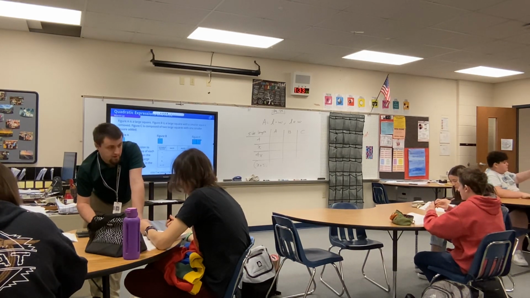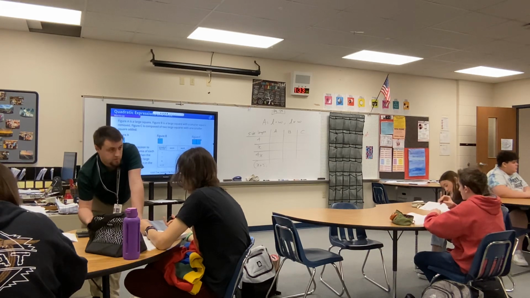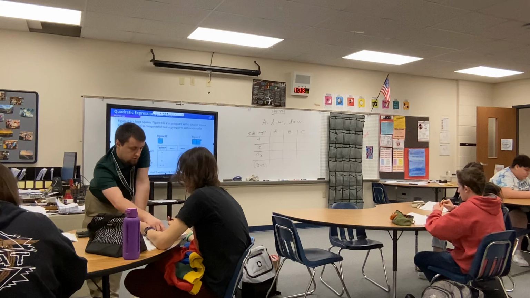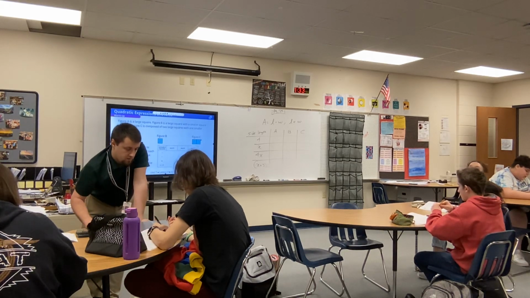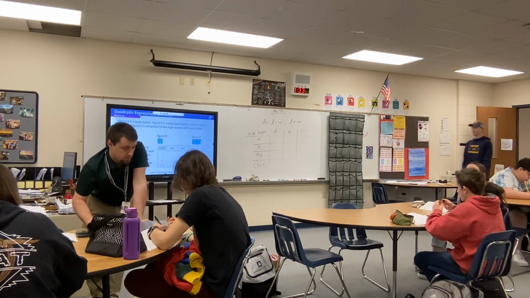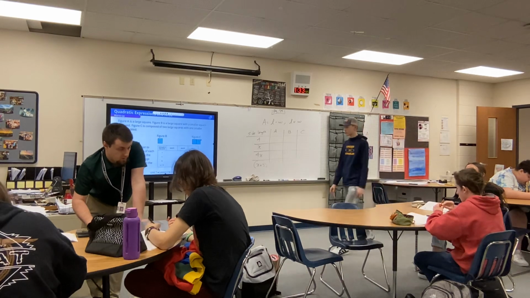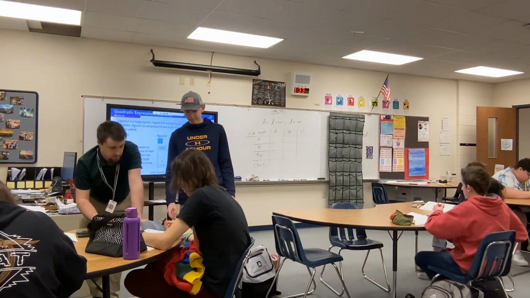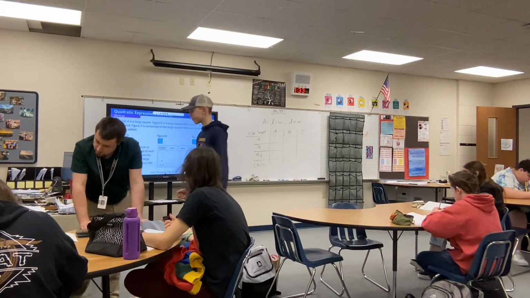I have 2 of them, right? If you do it as 2 times your x squared, make sense? Plus 1. Because you've got a whole x squared, a whole x squared. Make sense?